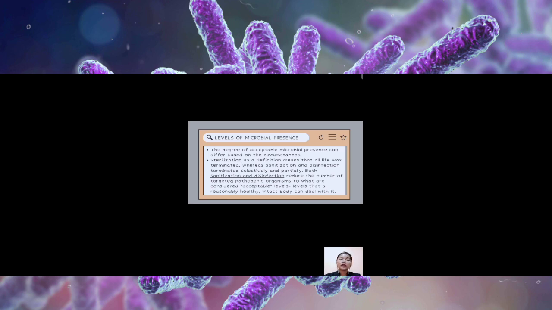As I mentioned earlier, as a definition, sterilization means that all life was terminated, whereas sanitation and disinfection terminate selectively and partially. Both sanitation and disinfection reduce the number of targeted pathogenic organisms to what are considered acceptable levels that a reasonably healthy, intact body can deal with.